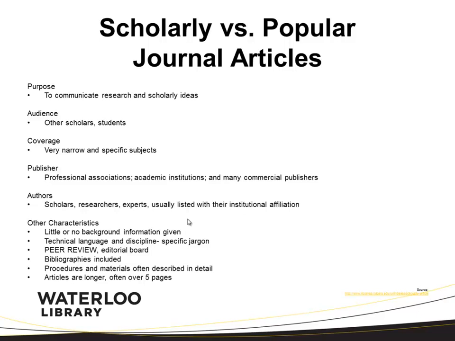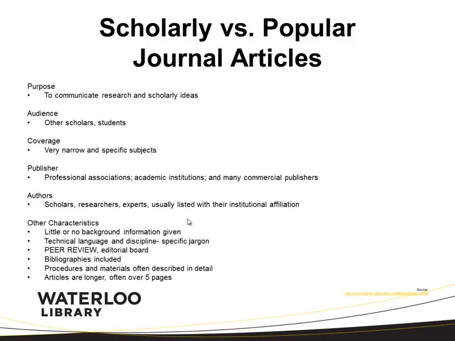Other characteristics of scholarly journal articles are that there's usually little or no background information given. Technical language and discipline-specific jargon are heavily used. Scholarly journal articles are most often peer-reviewed, which means that they've been reviewed by other experts in their field.